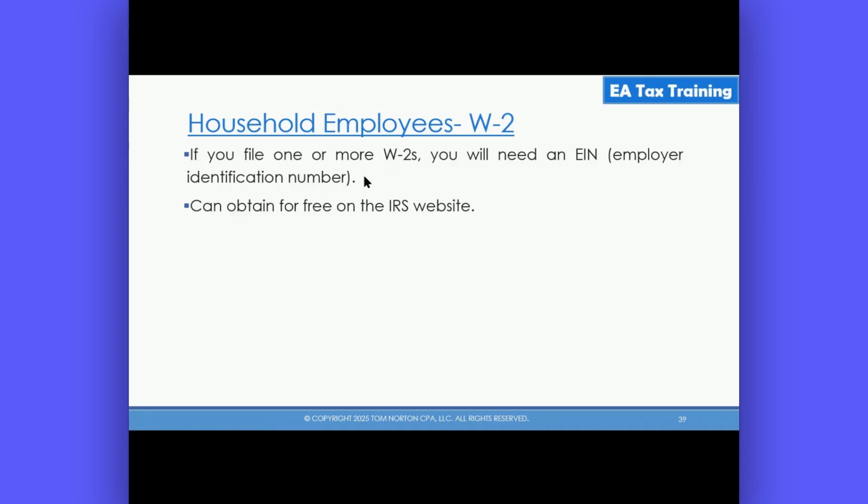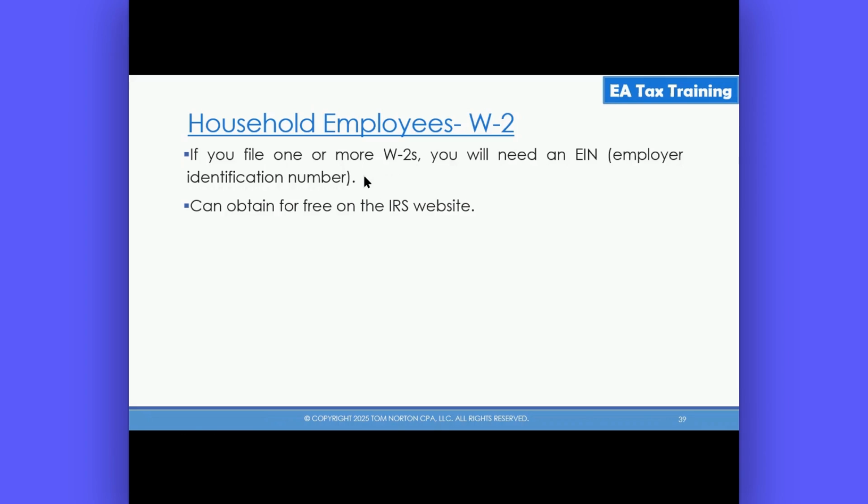Secondly, because the only alternative you have when you file the W-2 is to use your social security number. And of course, with all the identity theft out there, you do not want your employees knowing your social security number. And also, your employees don't want you to use your social security number, because if you do, they now have a W-2 with a social security number instead of an EIN.